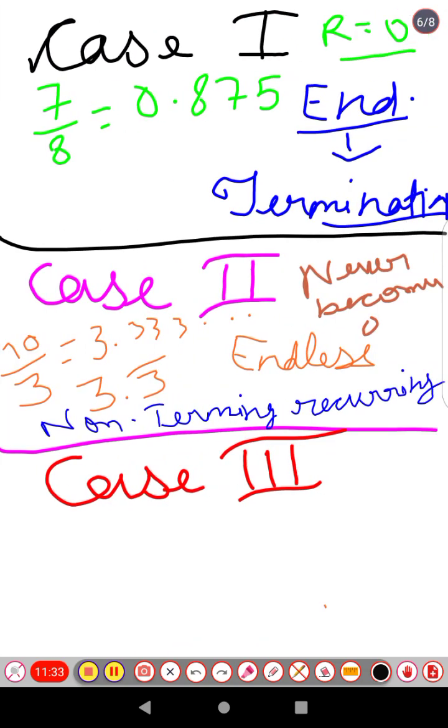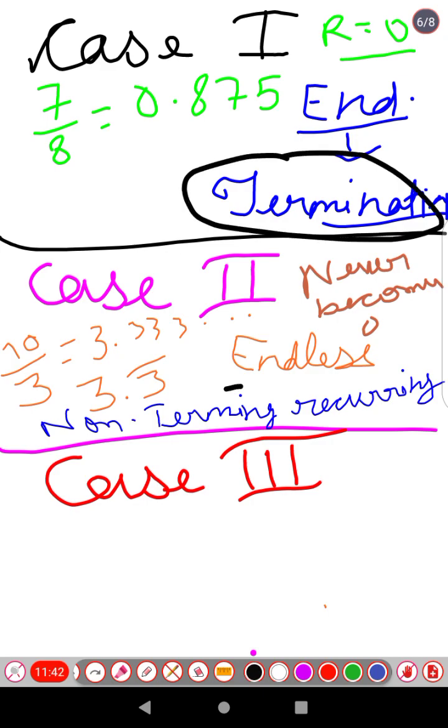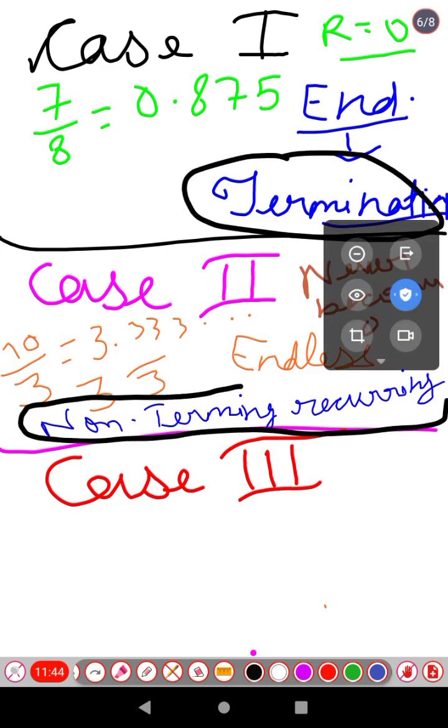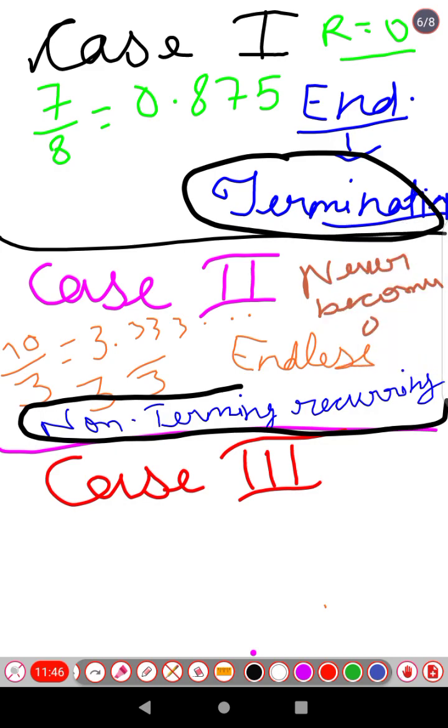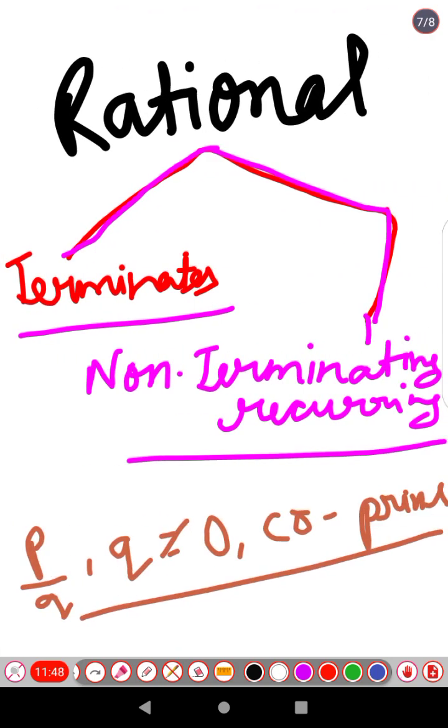Now we have seen the two cases. A rational number can either be terminating or non-terminating but recurring, or non-terminating but repeating. And here finally we have seen the final definition of a rational number.